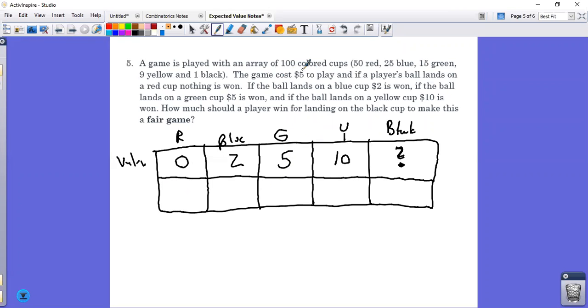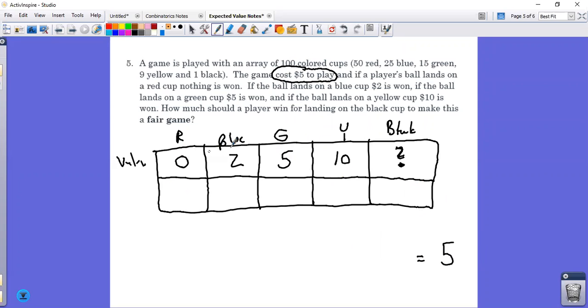Well, because the game costs $5 to play, we need the expected value to come out to be $5 in the end. That way, when you take away the $5 it costs you to play, that would give you a 0.